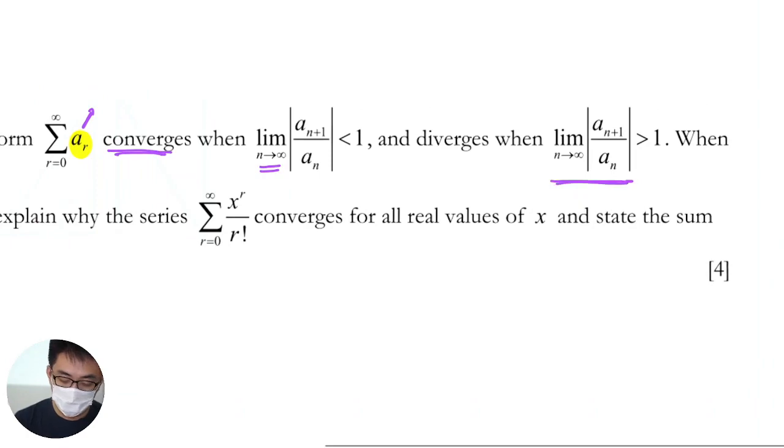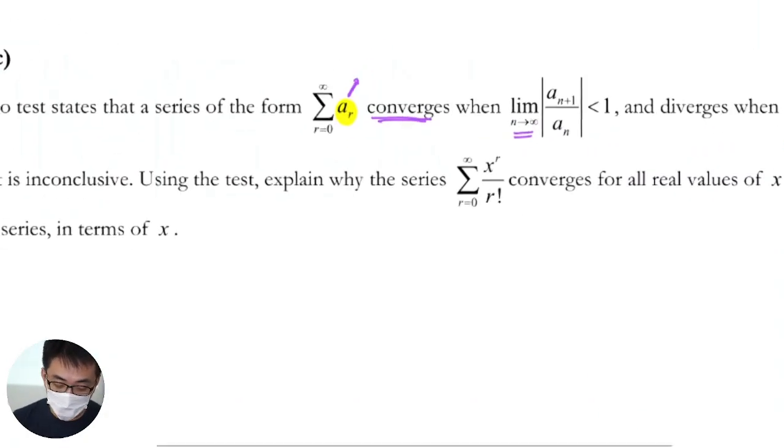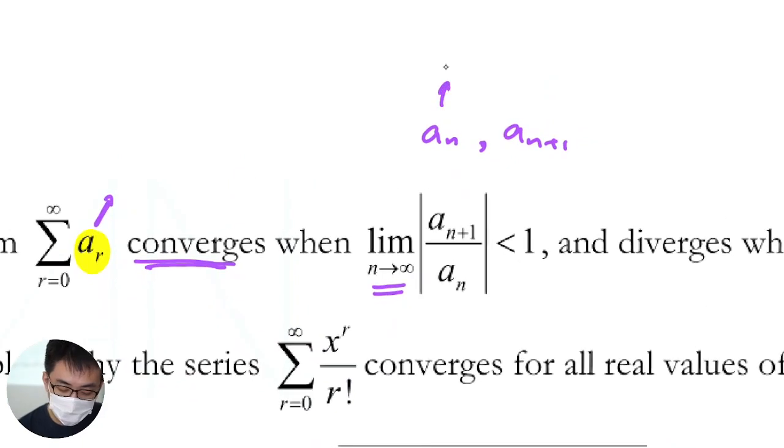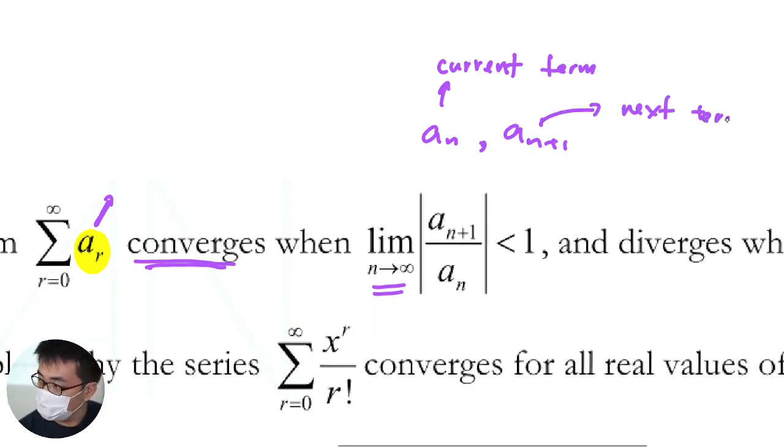Okay, so let's try and make sense of this. What does n goes to infinity mean? And what's the implication? Now, first of all, if this is a_n, then this is a_(n+1). If this is the current term, this one will be the next term. Okay.